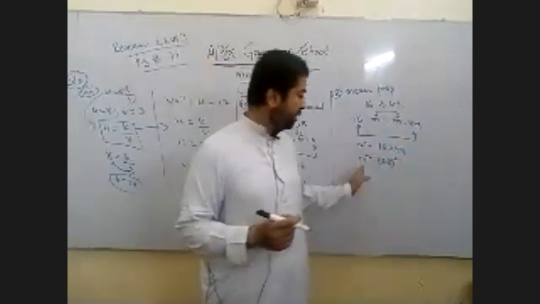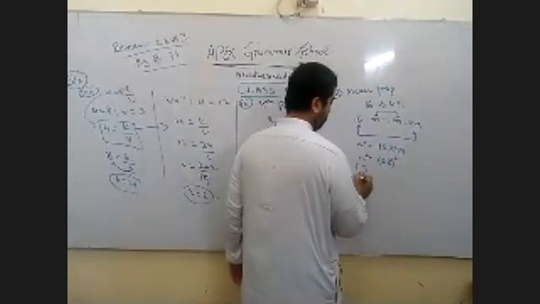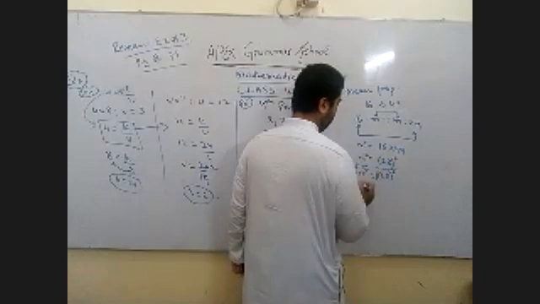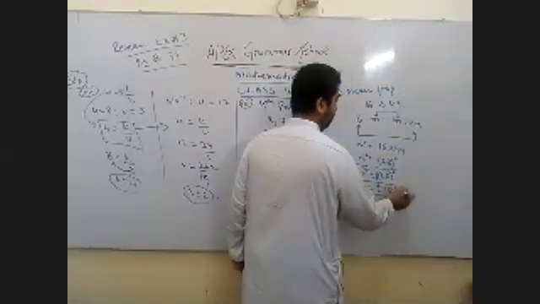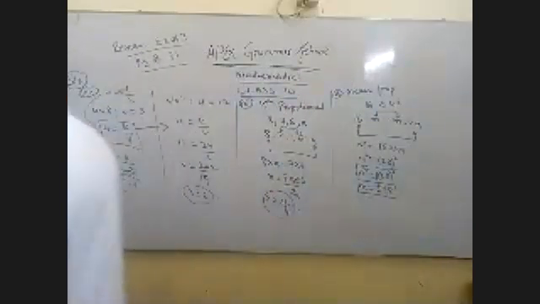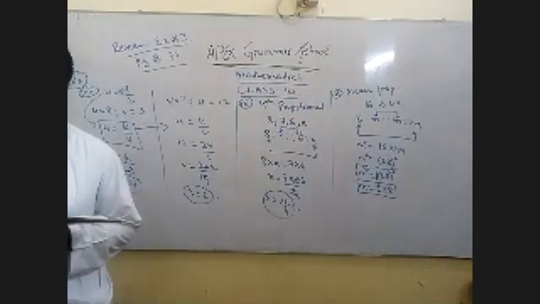Now you need to find the value of m, so apply square root on it. So the value of m will be plus minus 28. And that's it. This was part number 10.